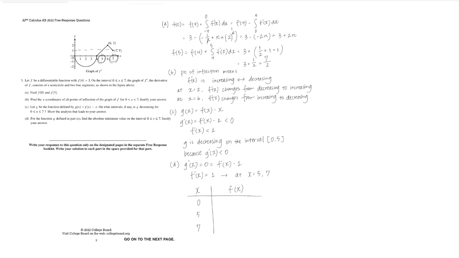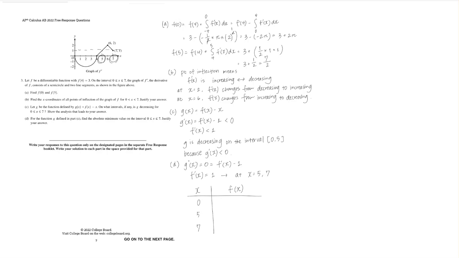But we also need to consider the endpoints to make sure which one is the absolute minimum. So I made a table to compare the endpoints, which are x equals 0 and 7, and also x equals 5, where f prime of x equals 1.